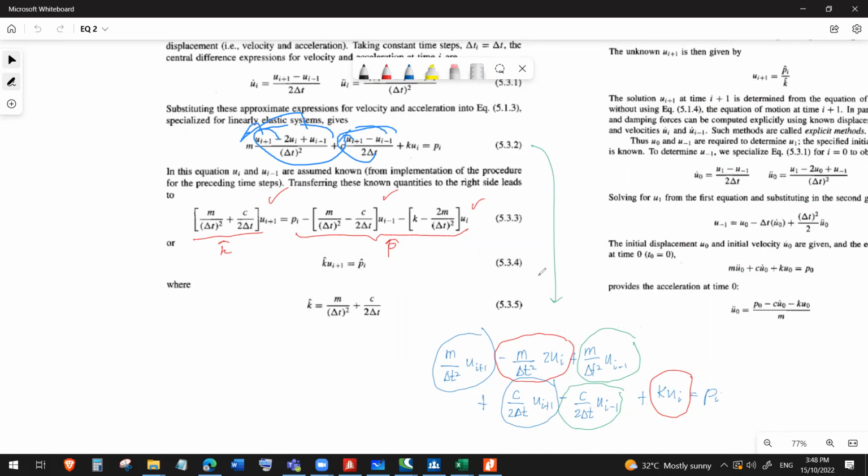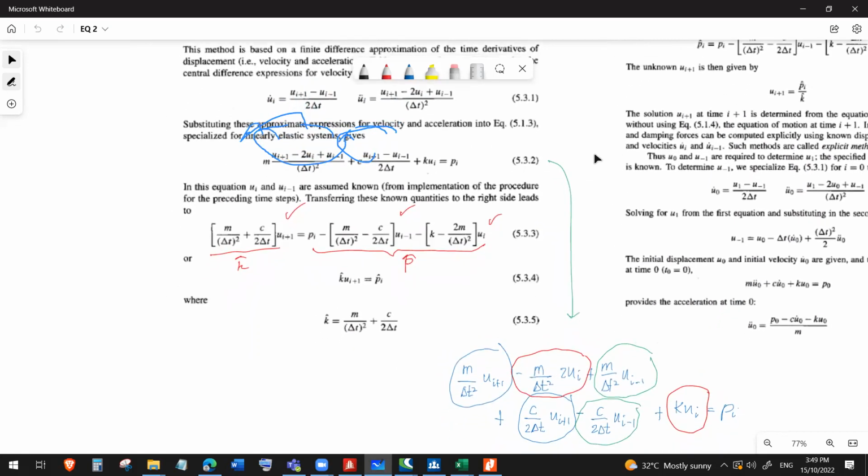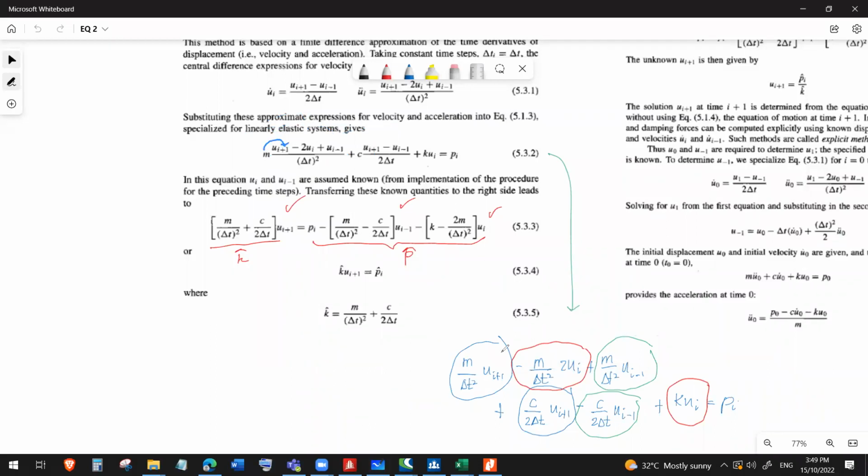So for example, m times u i plus 1 over delta t squared, this one. Okay. m times 2 u i over delta t squared. So I make it red. Okay. And m times u i minus 1 over delta t squared.